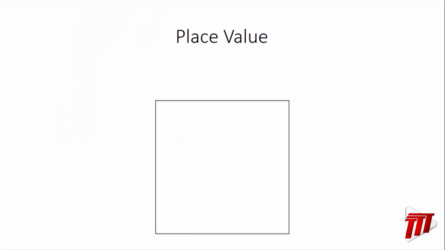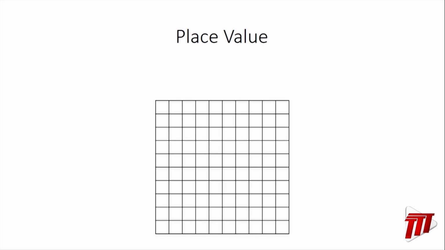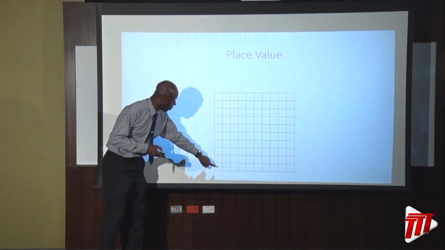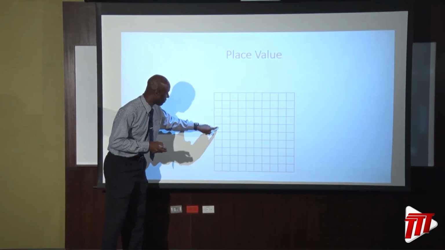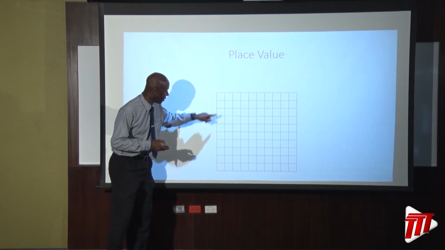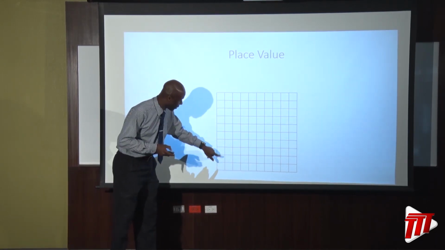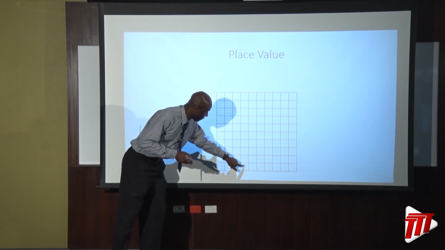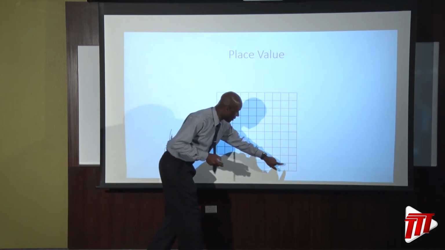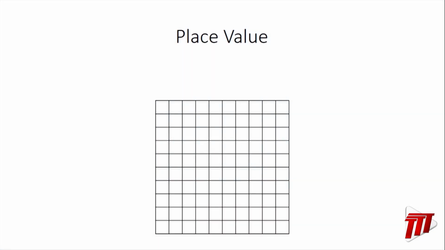So we have our whole, and our whole has been divided into 100 equal parts. 1, 2, 3, 4, 5, 6, 7, 8, 9, 10. So 10 by 10. So that gives us our 100 equal parts.